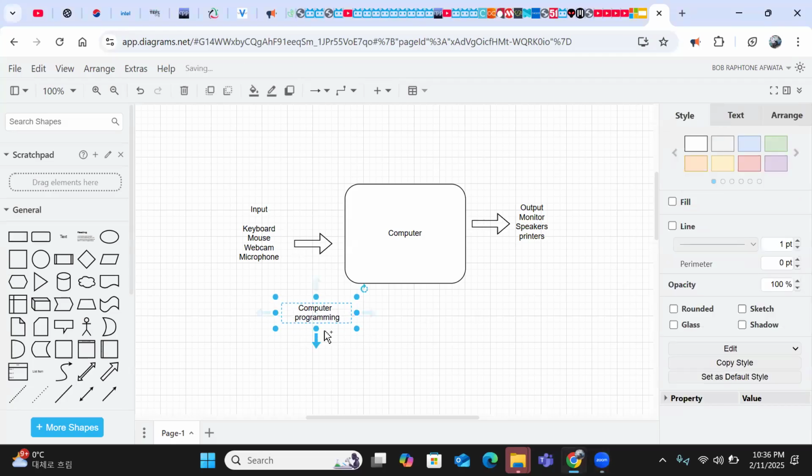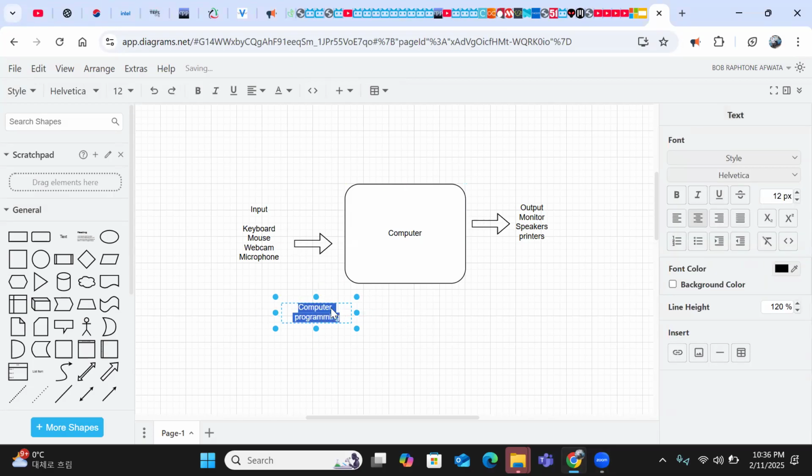What do you think computer programming is? Computer programming is giving instructions to the computer.